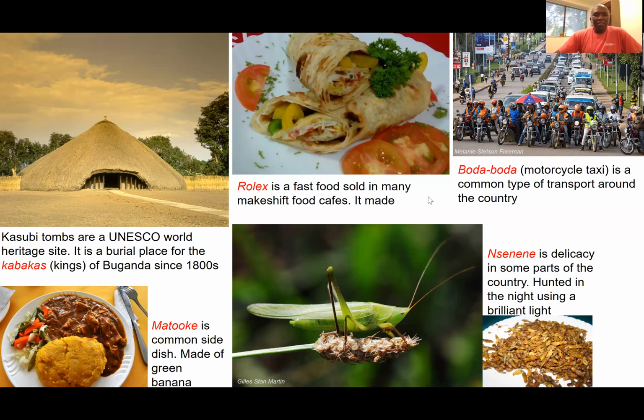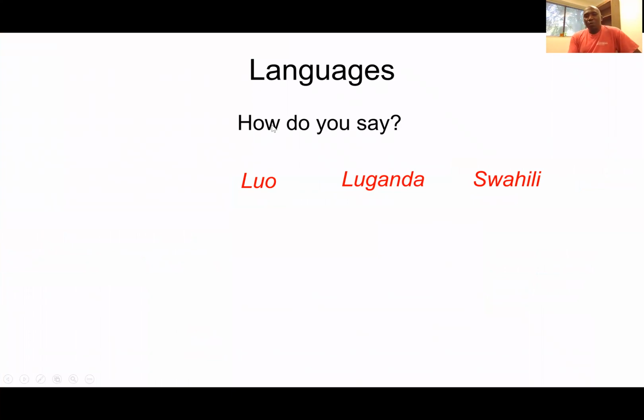Okay, so before we wind up, I'd like to tell you how to say hello and goodbye in 3 main Ugandan languages: Luo, which is my native language, Luganda, and Swahili. So let's get started. How do you say hello in Luo? In Luo, you say Kopango.